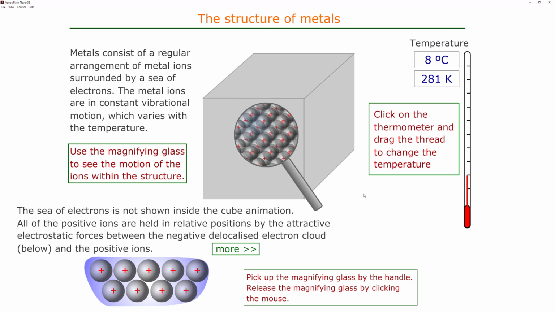The most important property of metals is that they conduct electricity, but they're also usually malleable and hard, and with a high melting point. There are exceptions, but they usually have got a high melting point, particularly the transition metals.